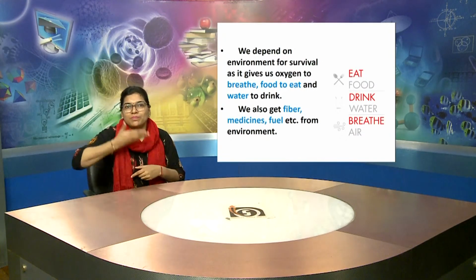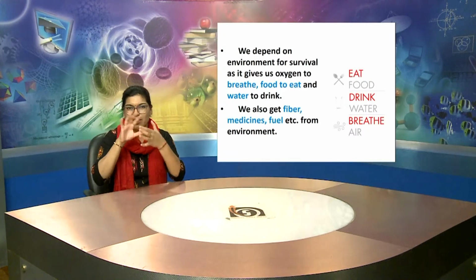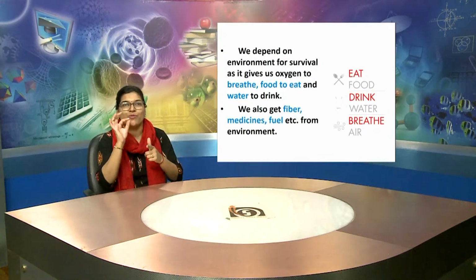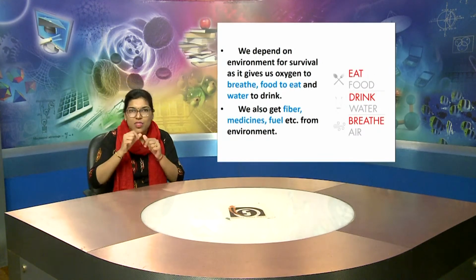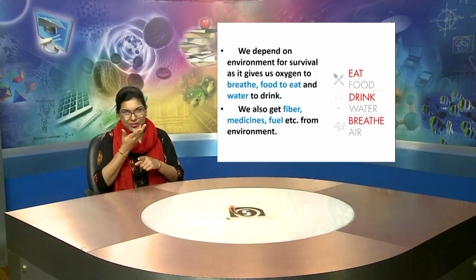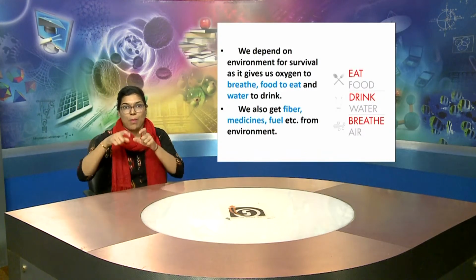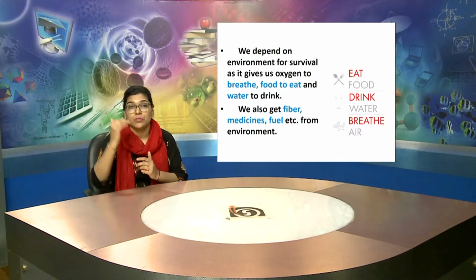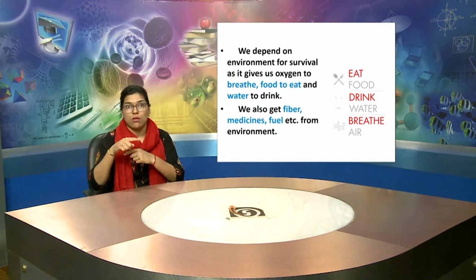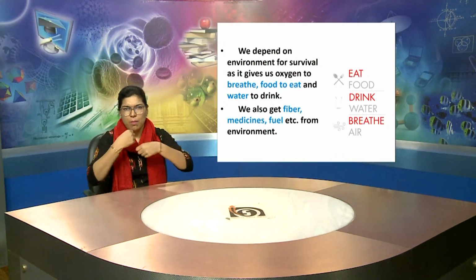We depend on environment for survival because plants give us oxygen to breathe, food to eat, and water to drink. And we also get fiber, medicines, fuel, etc. from environment.